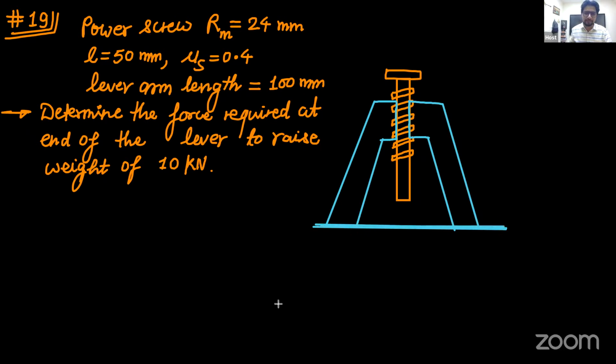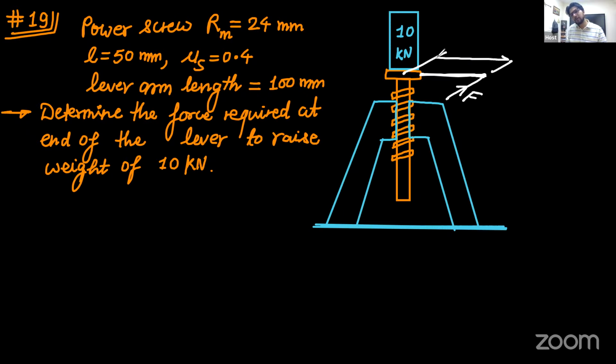And we need to raise a weight of 10 kilonewton with the help of this power screw and a lever. We are applying the force at the end of the lever, and we need to calculate this force. By the way, the lever arm length is given to you as 100 mm.